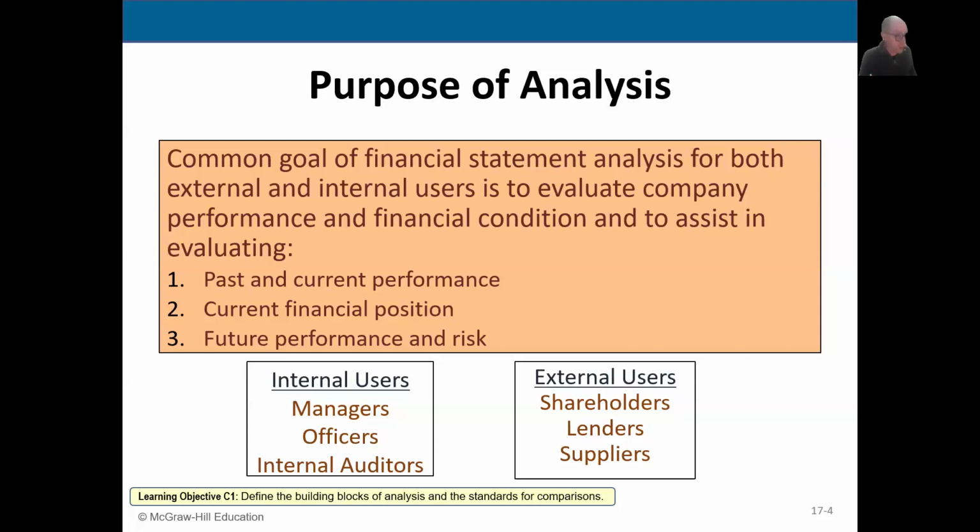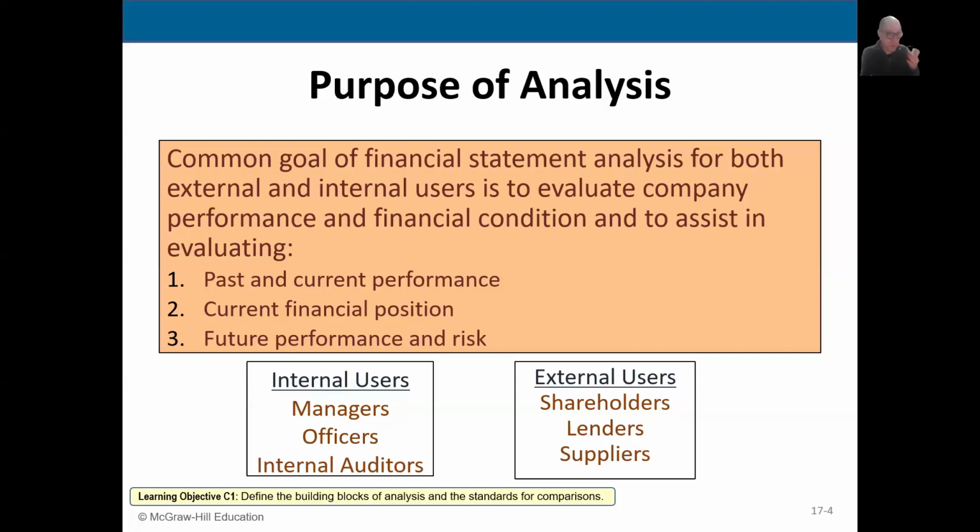And of course, risk. We need to analyze the risk of the company. How risky is my business if I make these kinds of moves? Yeah. So those are the three reasons why we analyze financial statements.